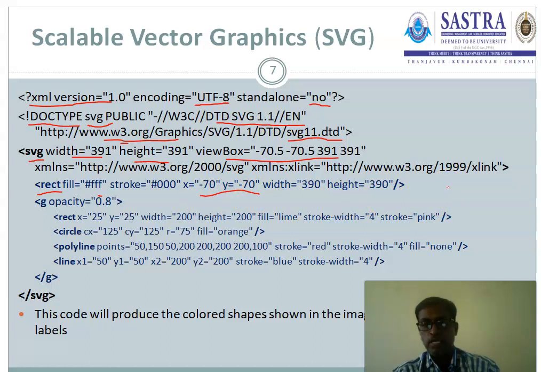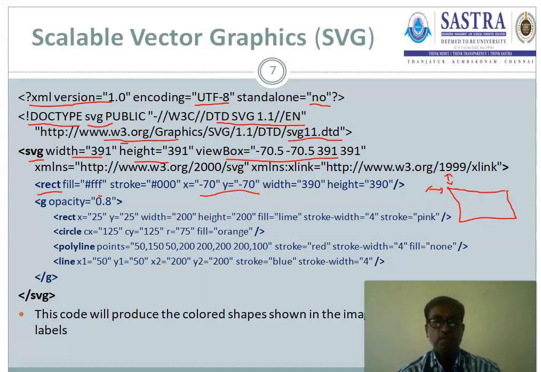Let us say I am starting to draw the rectangle from this point, the x coordinate in the window, and y coordinate, and then width, height, and that will be completed. So this kind of information, 4 parameters, is needed.